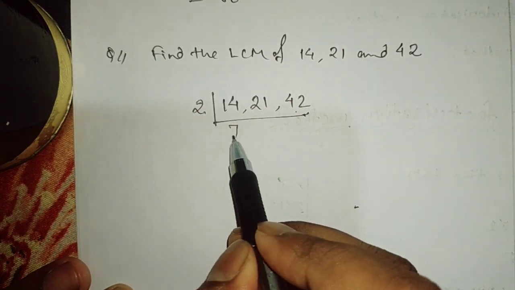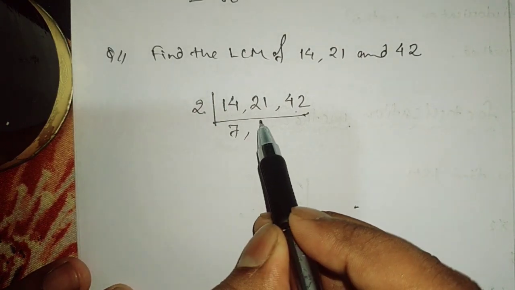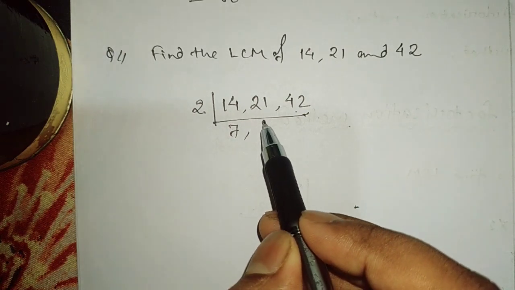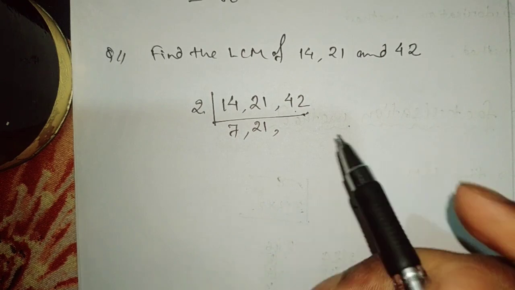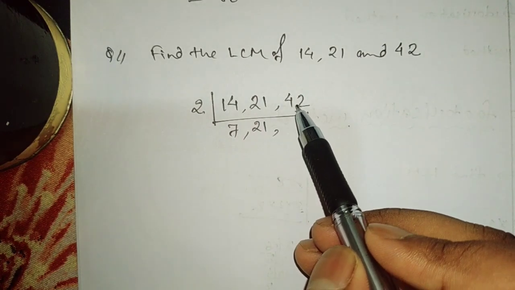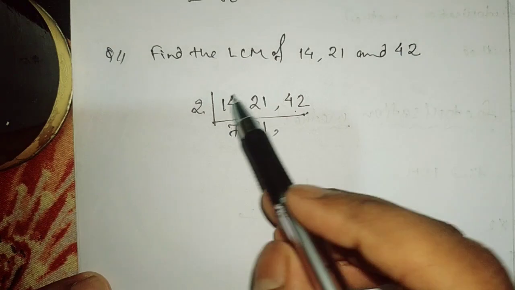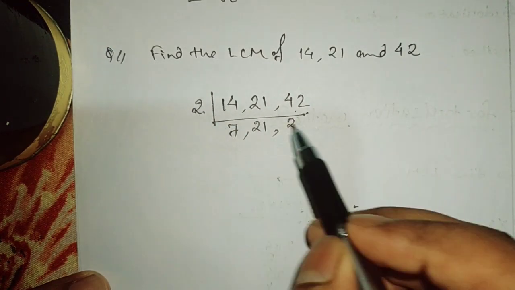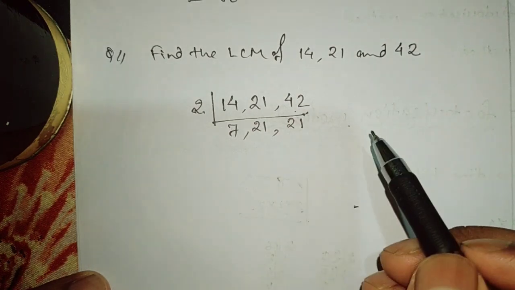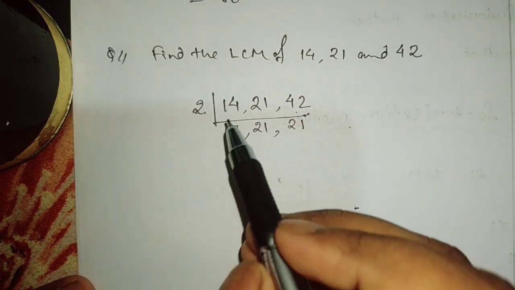So 2 7s are 14. Since 21 is not divisible by 2, we'll keep 21 as it is. We'll not disturb this. Now this 42, how to divide with 2? 2 2s are 4, then 2 1s are 2, so we will get 21.